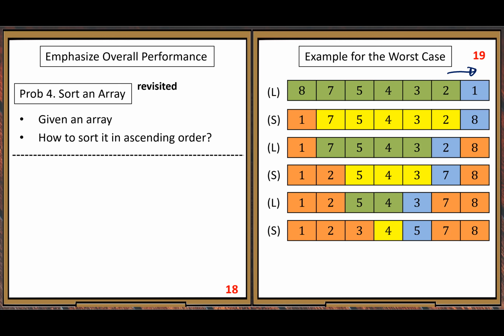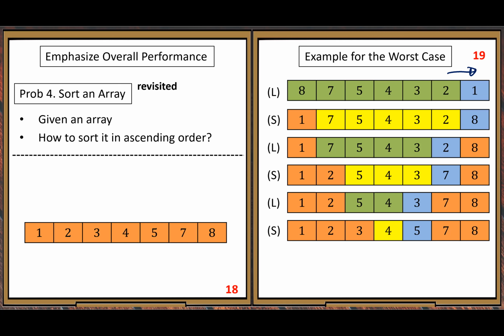If we run a partition step on ascending data, it will be slightly better than this case. Why? Because there is no swap operation. If you have ascending data, you won't have any swap operation. Here you have a lot of swap operations. That's the main difference.